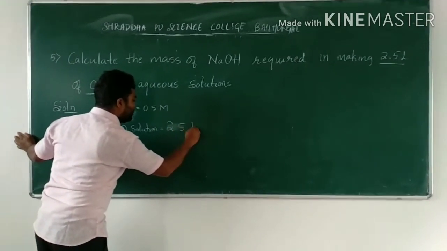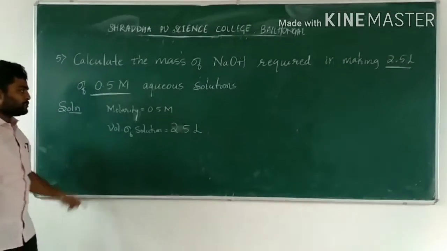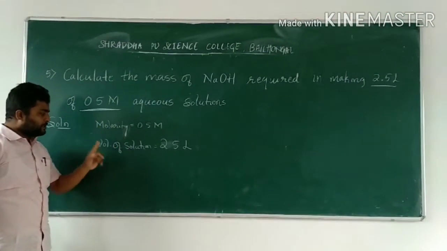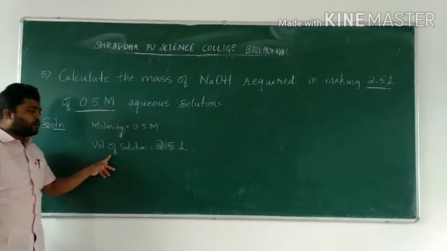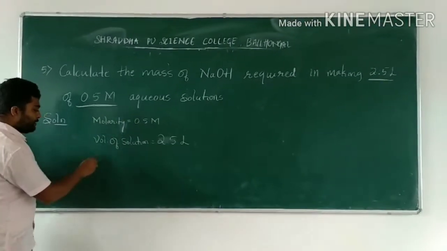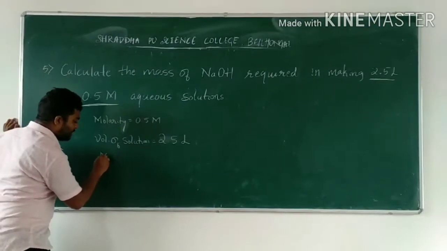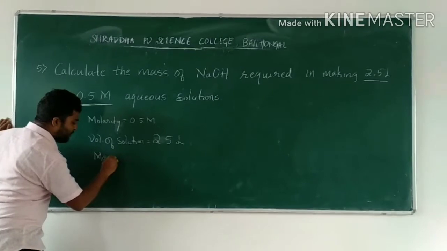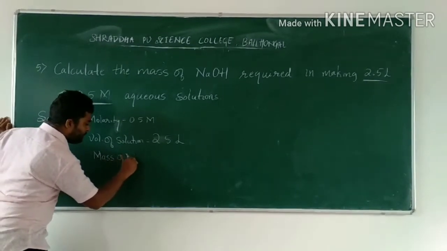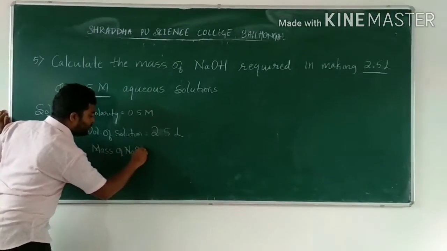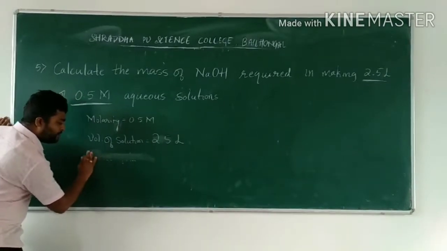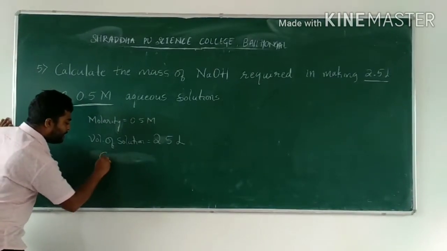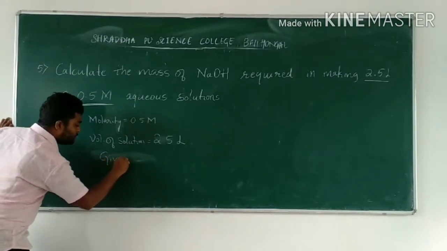So they have given you the molarity and the volume of the solution. I need to calculate the mass of NaOH required. Or you can simply write, I need to calculate the given mass.